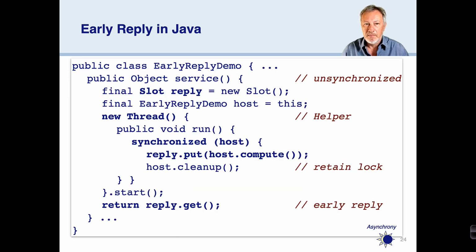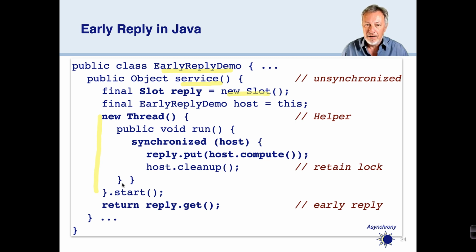So here's some skeleton code, actually a running example, that illustrates how this could be done. Here's our early reply demo. We're providing a service. And in this service, we create a new slot. We also create a new thread and start it, and this is our helper.